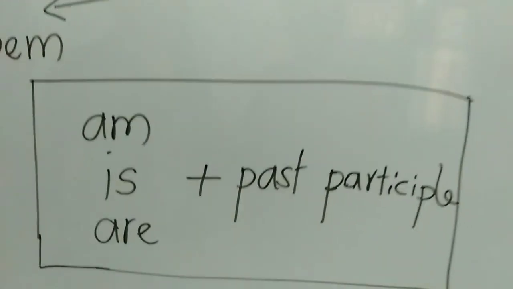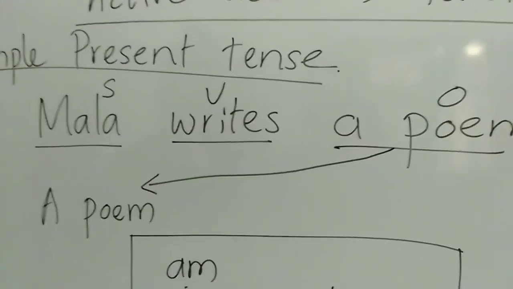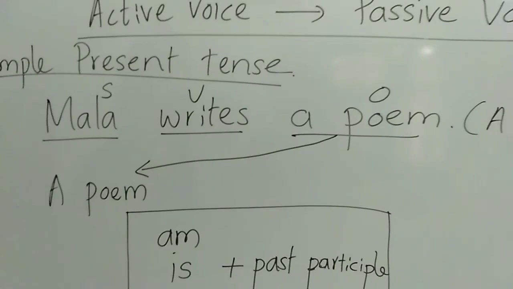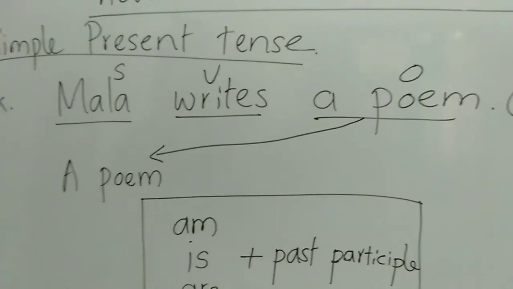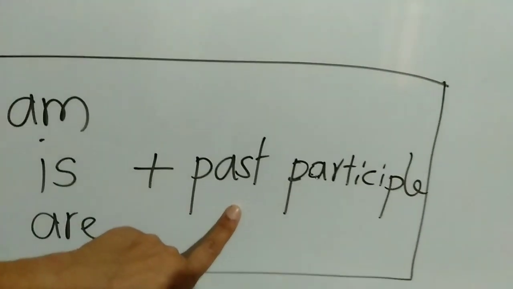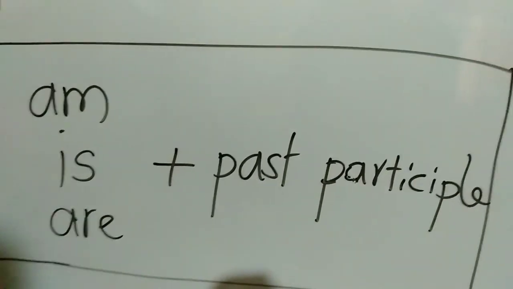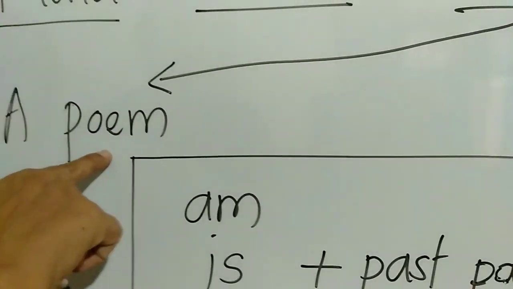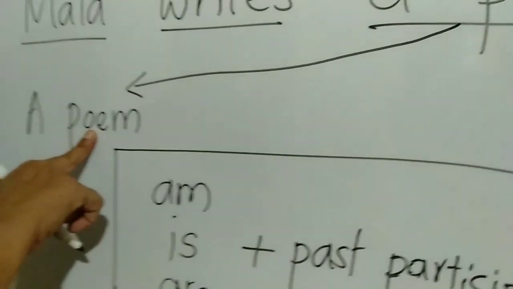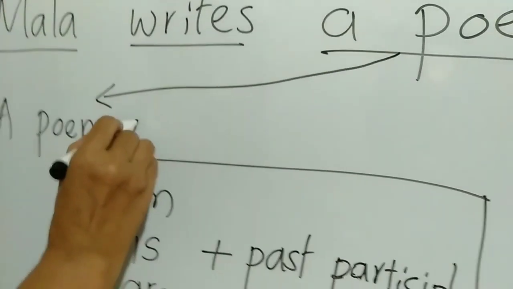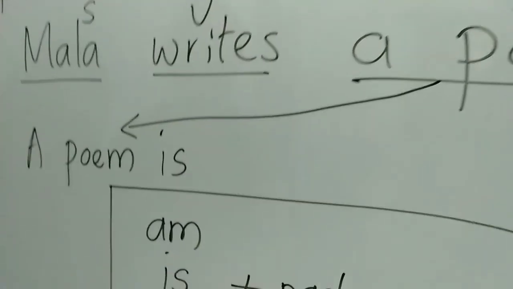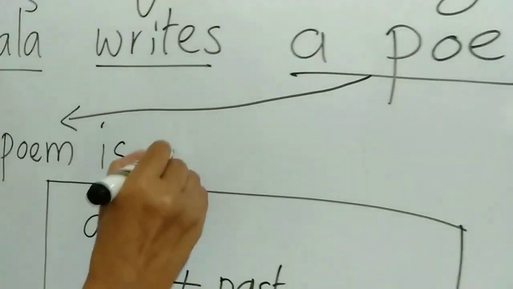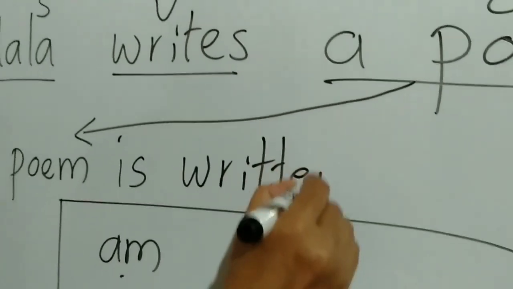Now you can understand why we learned the verb forms in the previous YouTubes. The participle form is very important to write passive sentences. A poem is a singular noun. As it is singular, we take "is" here, and the past participle of this verb is written.